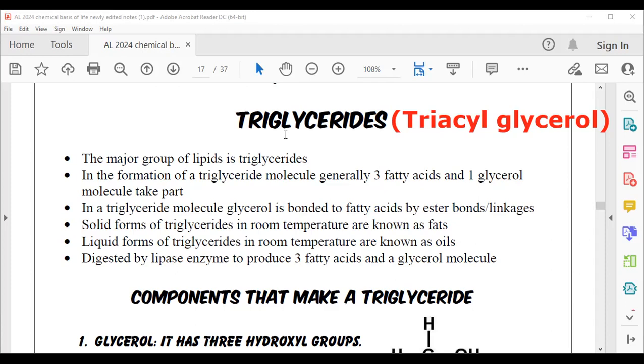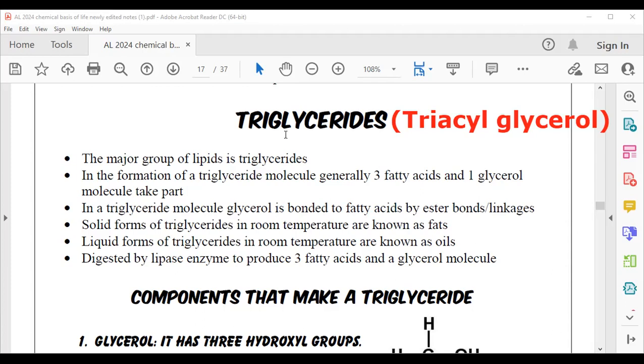Three fatty acids and one glycerol molecule take part in making this molecule. Here, there will be ester bond formation.